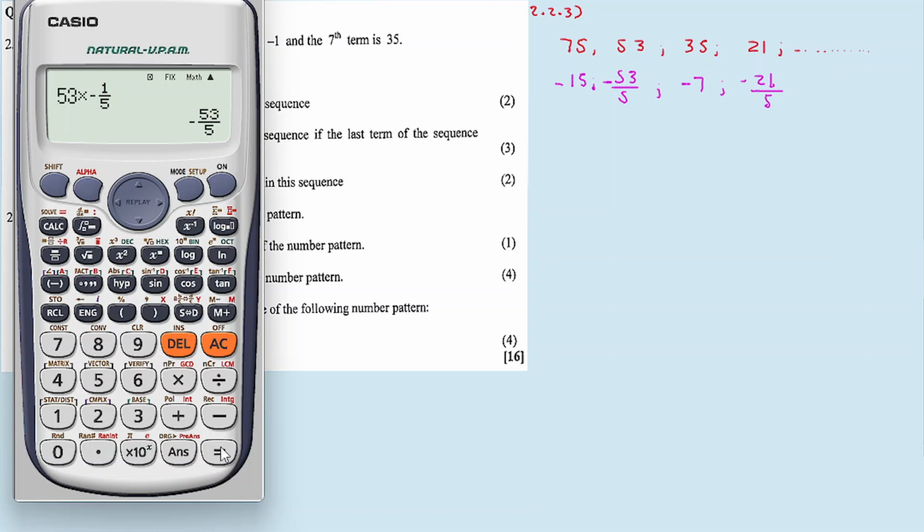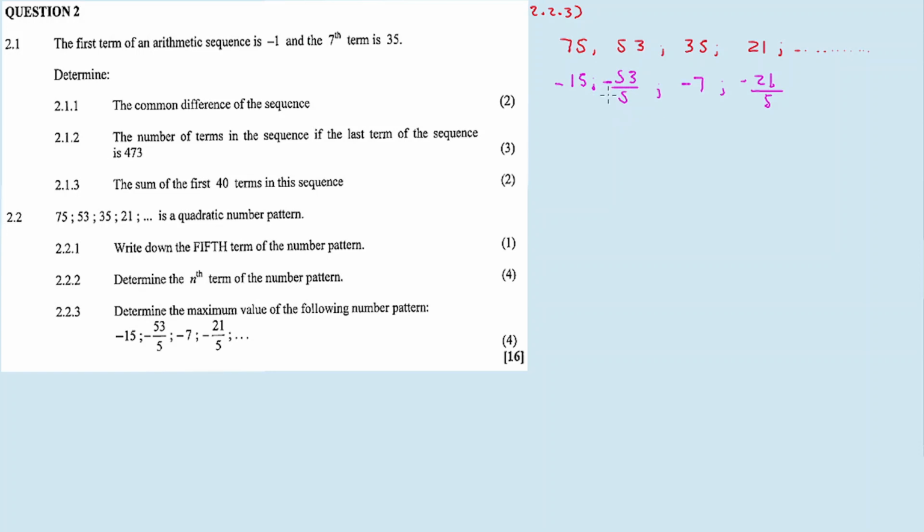How did I know this pattern is derived from the previous one? I saw 75 divided by 5 is 15, 53 divided by 5, and 21 divided by 5, so I asked, should I multiply by negative 1 over 5?